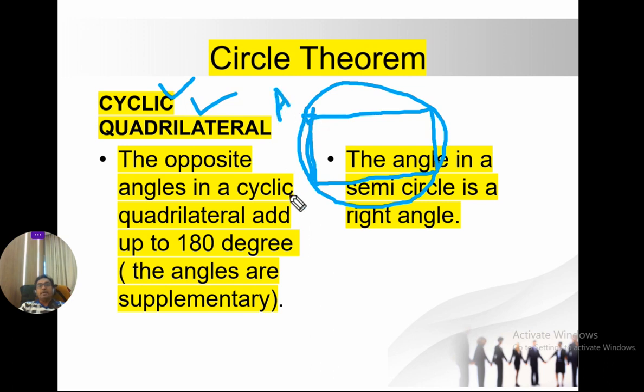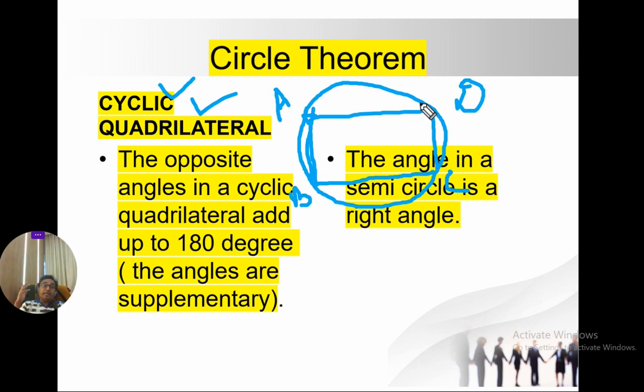A, B, C, D, all the four vertices are lying on the circle. In such a case, it is a cyclic quadrilateral. The definition part is clear.